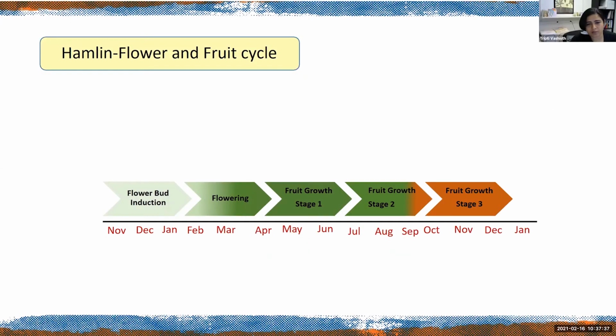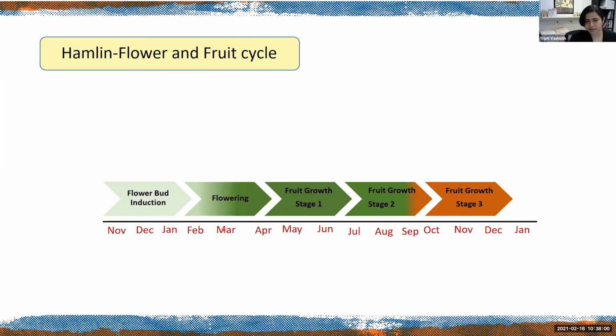Okay, so Fernando already showed this, just the fruit and flower cycle. Here you have basically March through December. In case of Hamlin is where you see all the flowering and fruit activity happening.